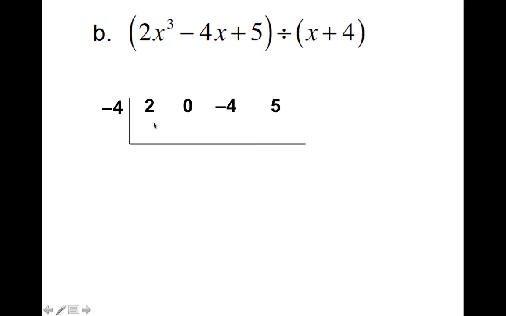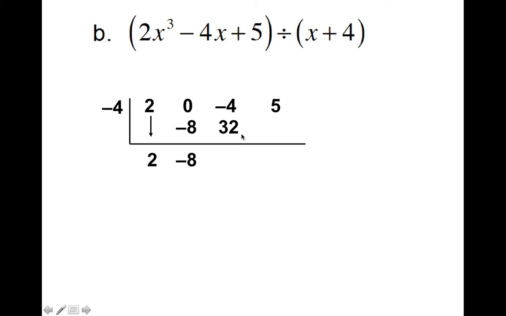So to synthetically divide, you drop down the first term. Then we do the pattern of multiply, then add. So it's negative 4 times 2, which is negative 8. 0 plus negative 8 is negative 8. Then we multiply and add again. So negative 4 times negative 8 is a positive 32.